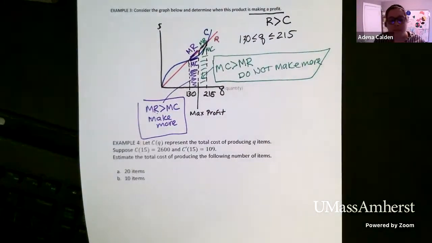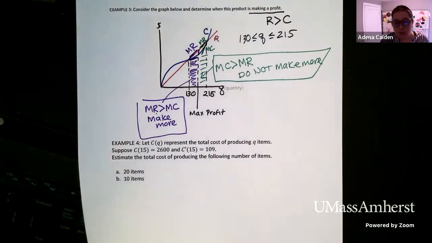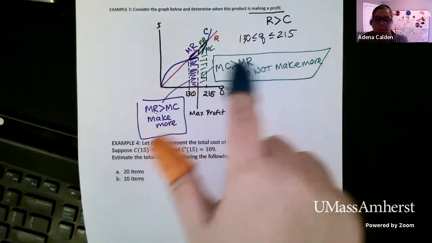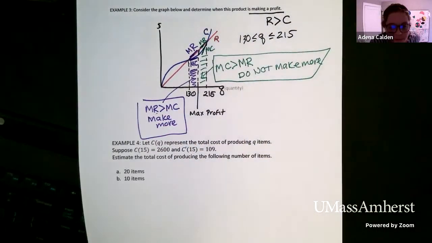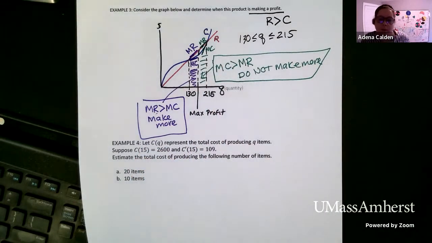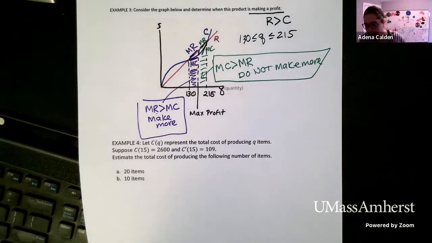So if you have information about the marginal revenue and the marginal cost, and the question is, should we produce more of this item? We need to determine which one is bigger. If marginal revenue is bigger than marginal cost, yes, make more. But if marginal cost is greater than marginal revenue, do not make any more, because that means you're moving away from the profit.